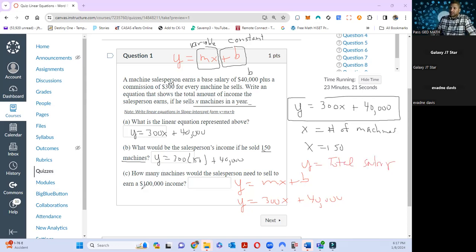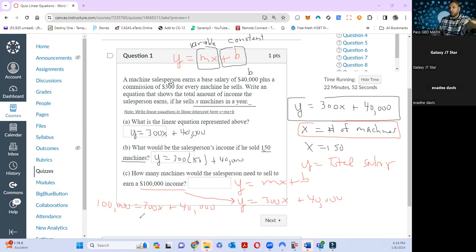Since they said our salary is $100,000 income, we're going to substitute that in for y. So we're going to have 100,000 equals 300x plus 40,000. Now we have one unknown. Now we can solve for x. x is the number of machines, and that's the answer: how many machines we would have to sell to earn 100,000.